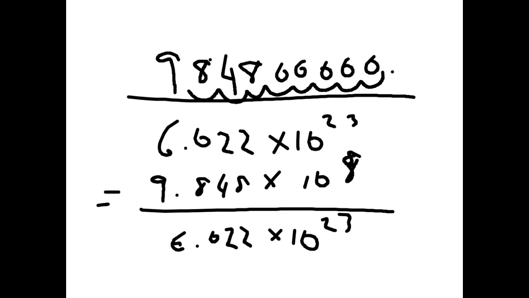And 9.8 divided by 6.022 will be close to like 2, something. Just do this for me: 10 to the 8 divided by 10 to the 26. What do you get?